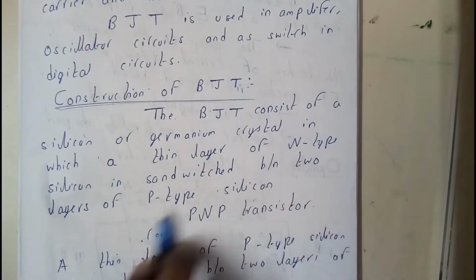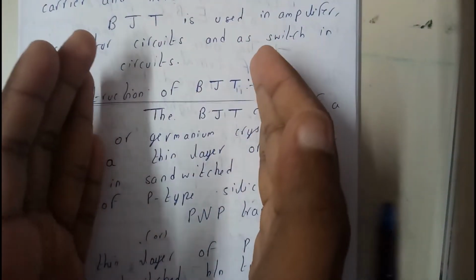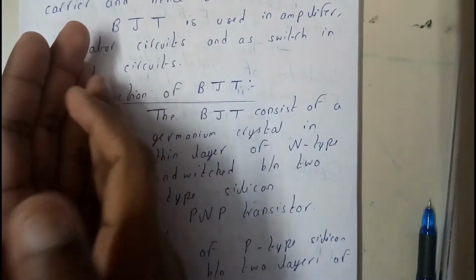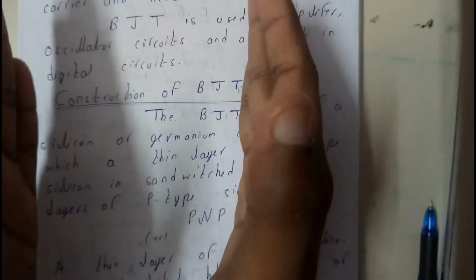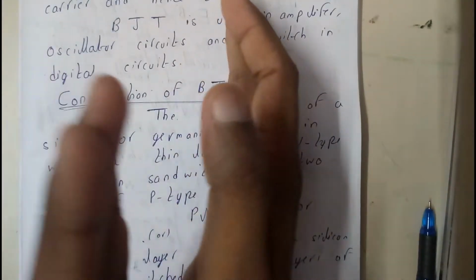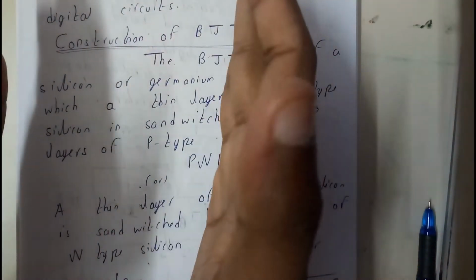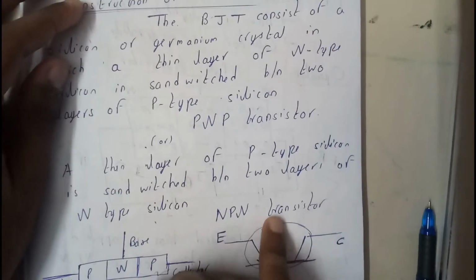A thin layer of N type is sandwiched between two P types, so PNP is formed. Similarly, if a thin layer of P type is sandwiched between two layers of N type, then it forms an NPN transistor.